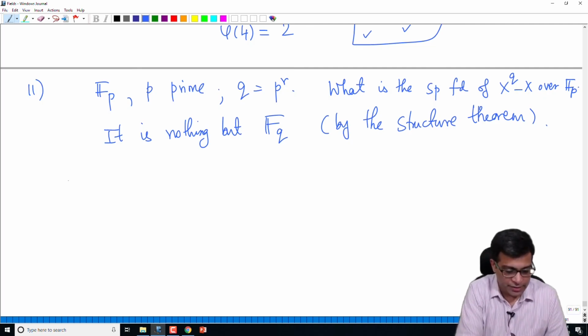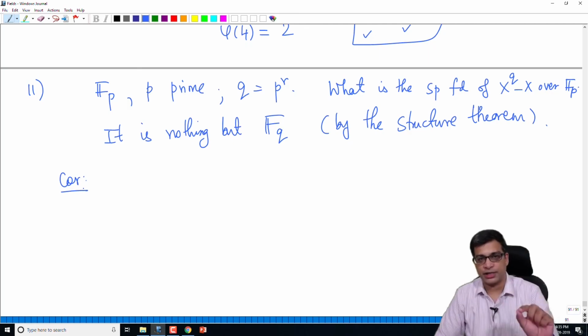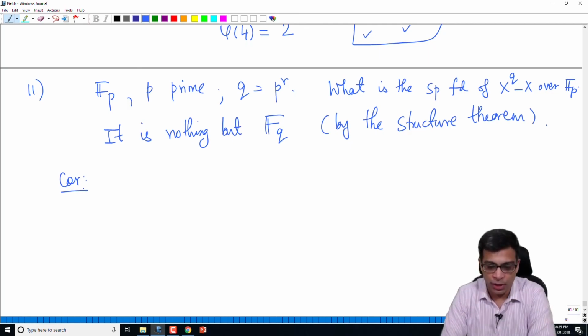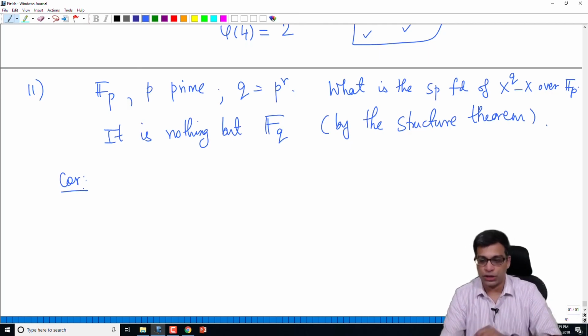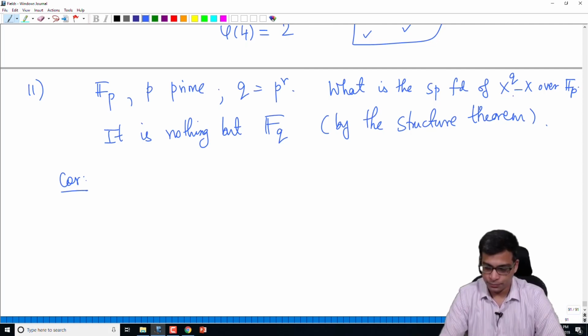So this is an interesting corollary of this exercise. Remember, by the structure theorem, one of the parts says that Fq consists of roots of x^q minus x, and every element is a root of that. So Fq is a field where this polynomial x^q minus x splits completely, and Fq is generated by those roots. So it's a splitting field.